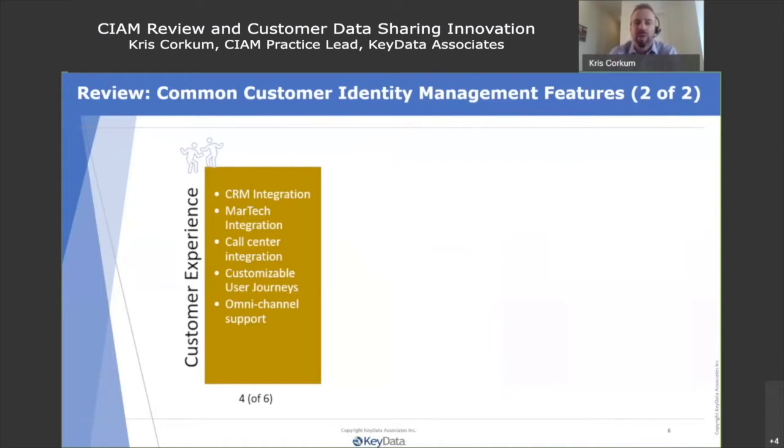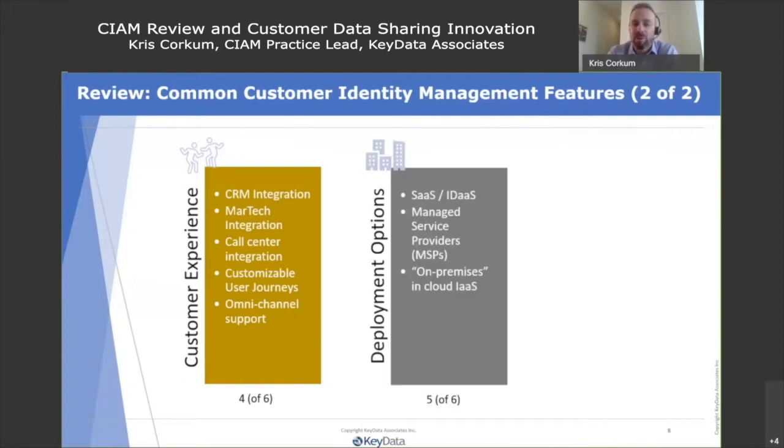So this is information coming out of the CIAM system, going into those systems to enable marketing campaigns, etc. Call center integration allows our agents to have better information to answer customer questions and to execute account-related tasks on the customer's behalf. And customizing these various user journeys across all channels is one of the most important ways to engage with our customers.